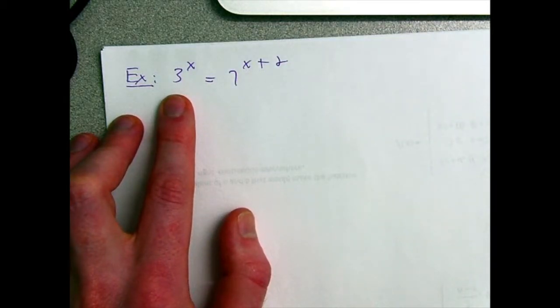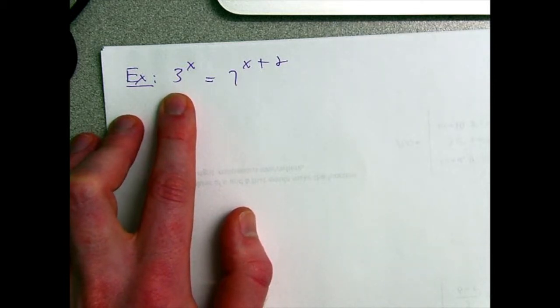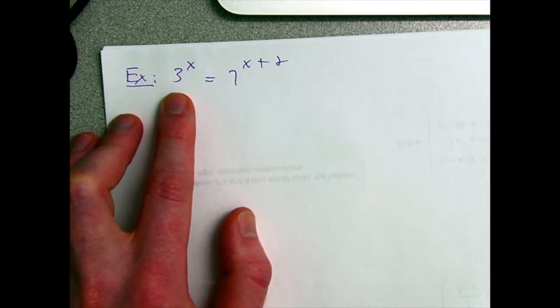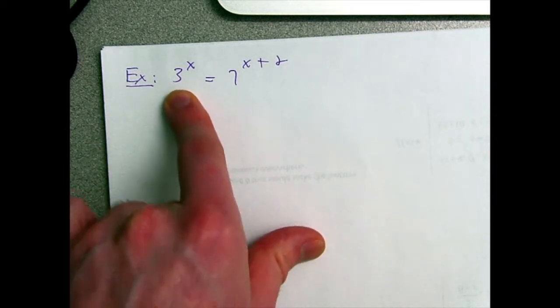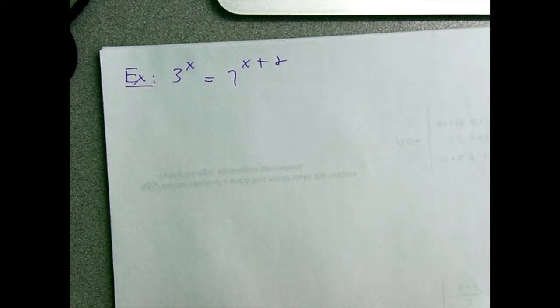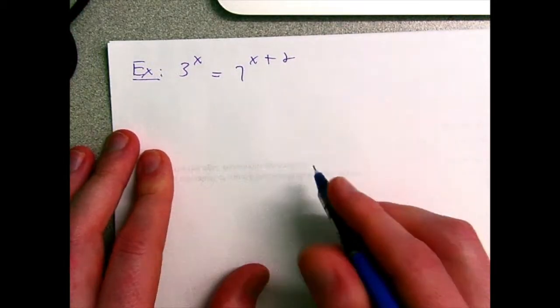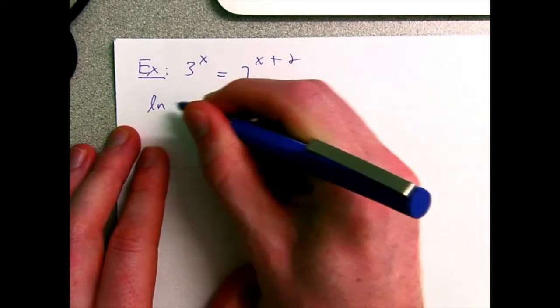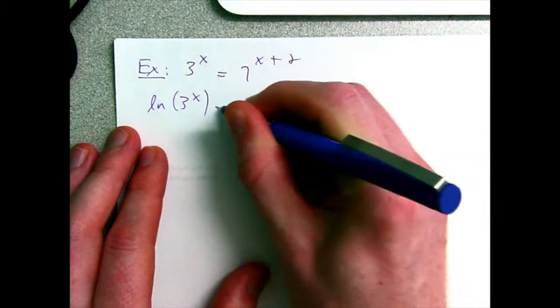We must use logarithms. You have to take a log of both sides. There's some argument that taking the log base 3 of both sides would make sense, or that taking log base 7 of both sides would make sense, but I'm going to continue to just take natural log every single time. It's my favorite log, and it should be yours too. So I'm going to take the natural log of both sides of the equation.